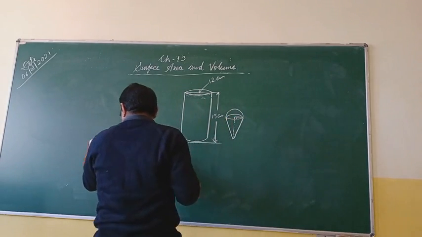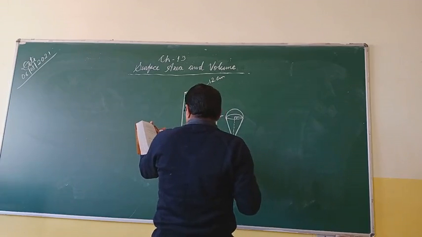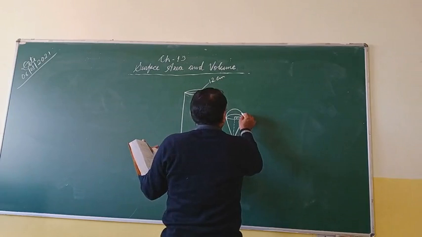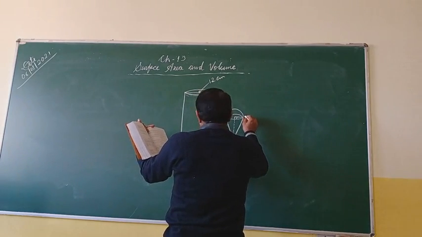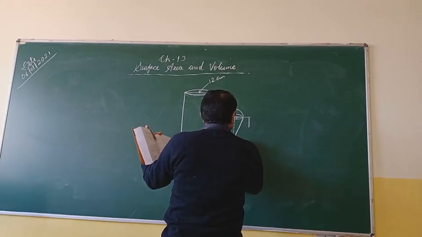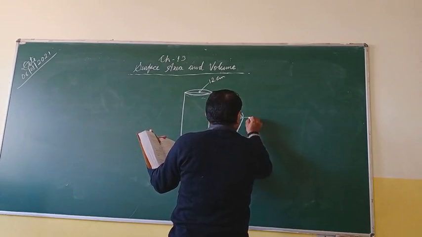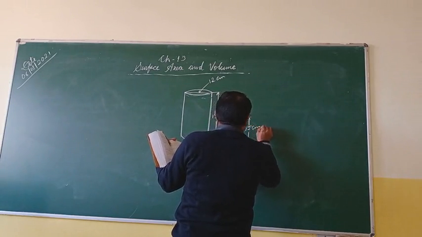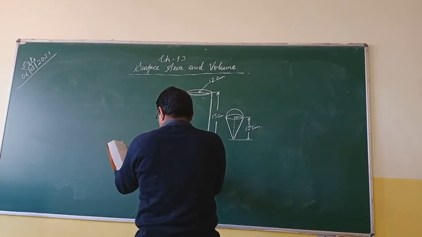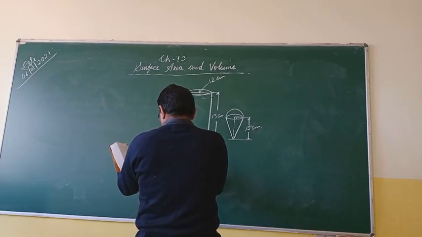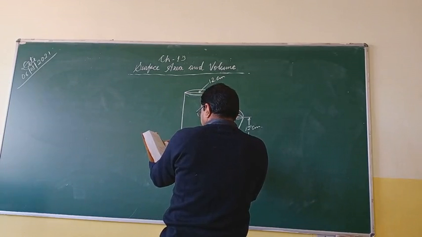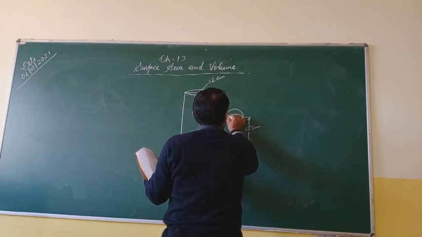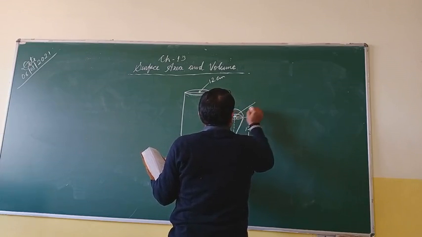Now shape of cone is given here, of height 12 centimeter, and diameter is 6 centimeter. This also diameter given. Diameter is 6 cm.